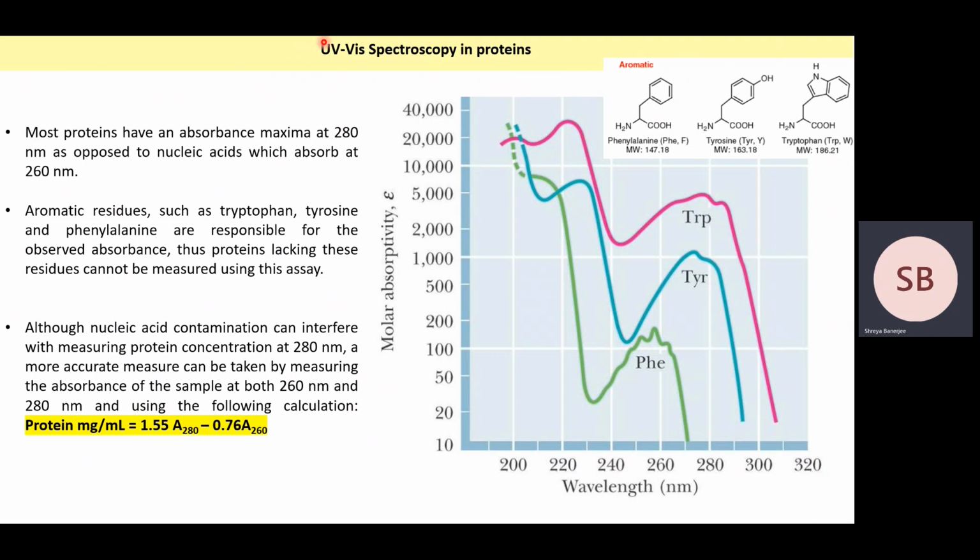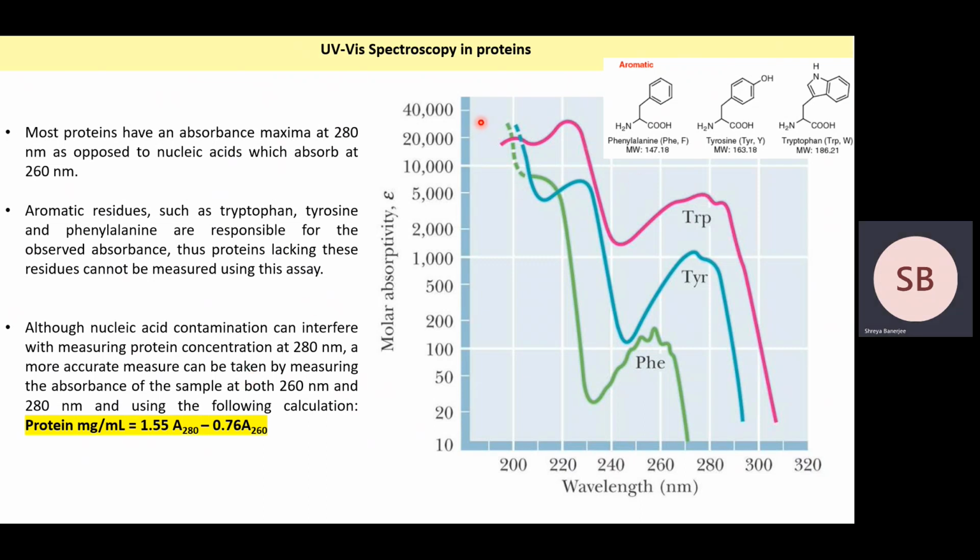Now, if we look at UV visible spectroscopy in proteins, most proteins have an absorbance maximum at 280 nanometer compared to nucleic acids, which absorb at 260 nanometer. So, in order to find the concentration of a protein in mg per ml, this formula is used, which is 1.55 into the absorbance at 280 nanometer, which is caused by proteins, minus 0.76 into the absorbance at 260 nanometer, which is caused by nucleic acid.